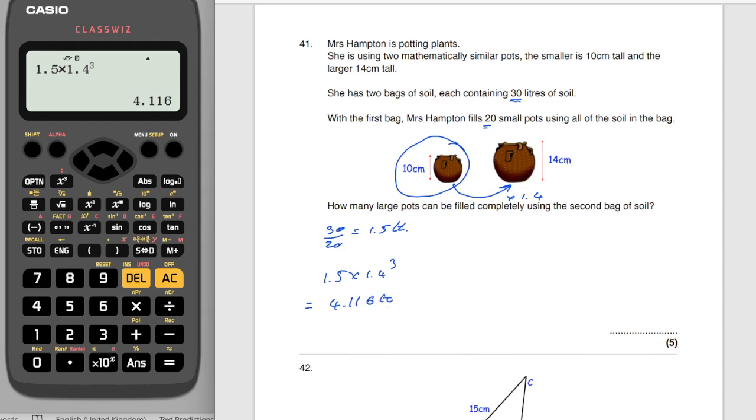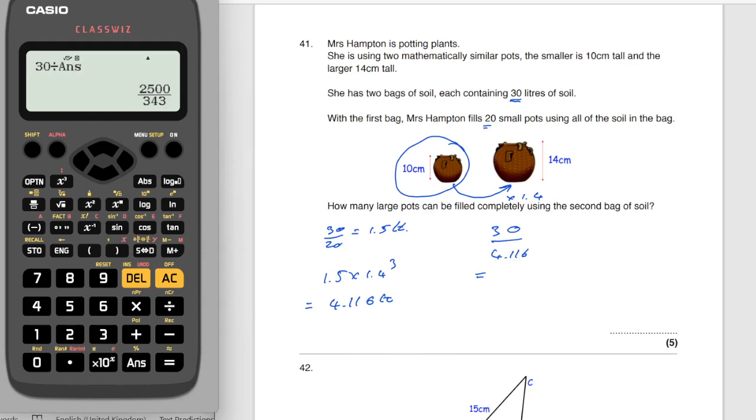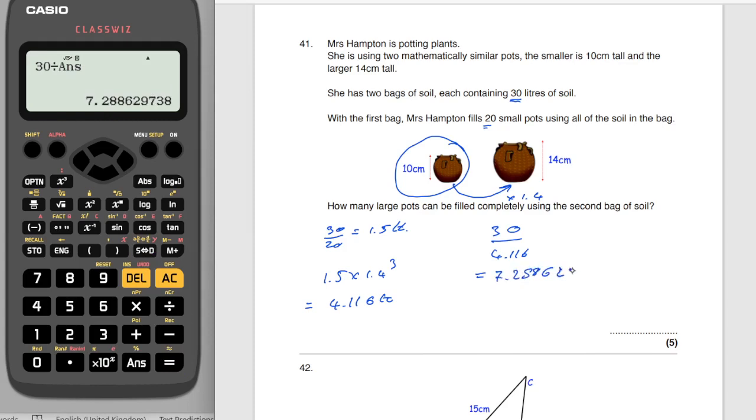The second bag is 30 litres. 30 divided by 4.116 will give me the number of pots she can fill with that. So 30 divided by the answer that I just worked out gives me 7.288629. So she can completely fill 7 of the larger pots.